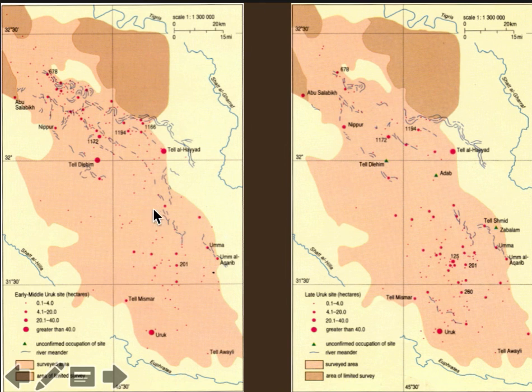What that shows is that people were leaving their villages and migrating and going to larger cities. So it wasn't that the population was increasing. It was that the population was moving and clustering into larger settlements, which became the beginning of civilization, which became the very first cities in the history of the world.